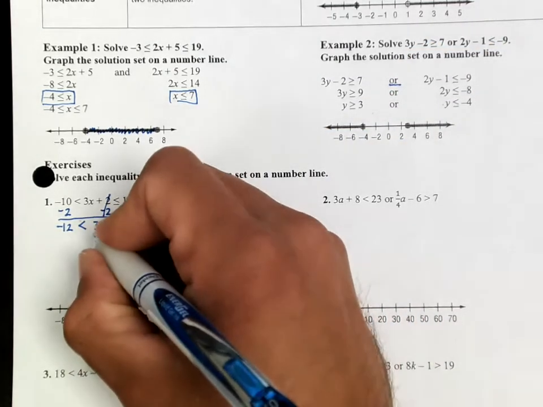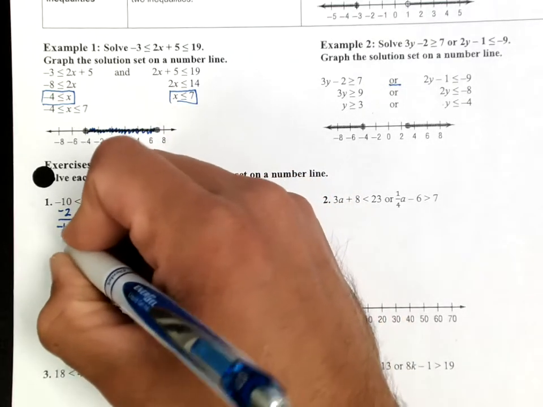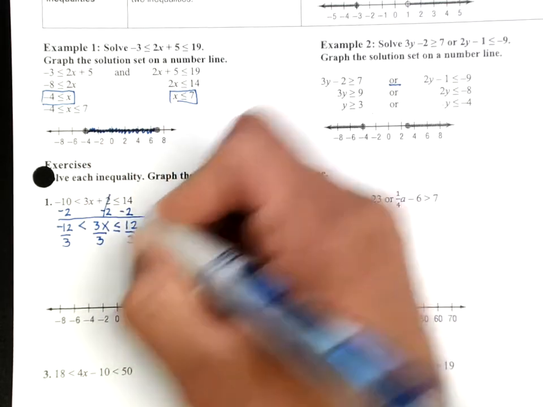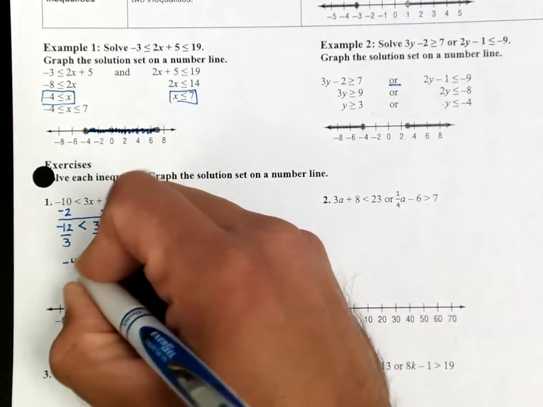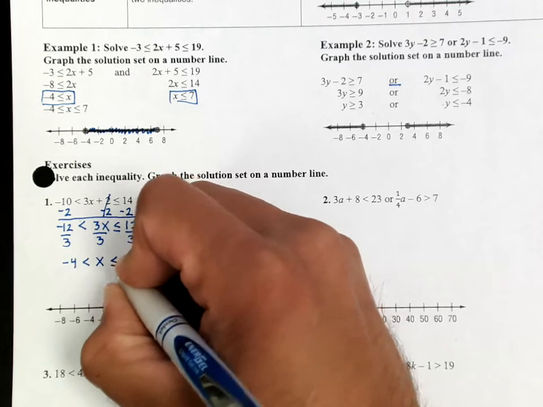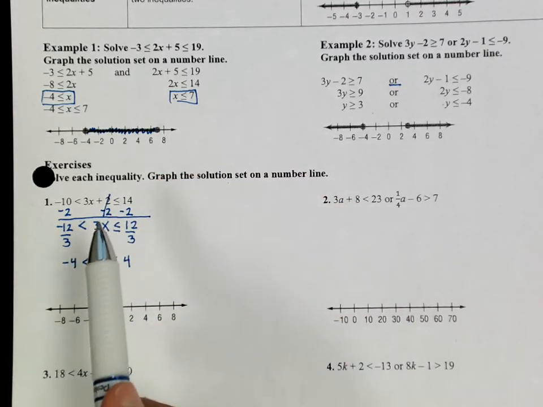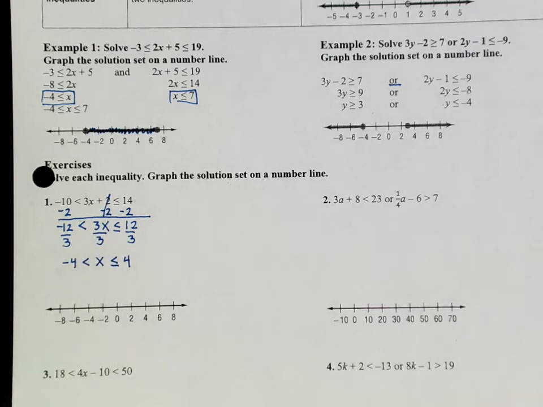Now the next step is I'm going to divide by 3. If I divide by 3 here, I'm going to divide by 3 over here and over here also. So this is going to give me -4 is less than x, which is less than or equal to 4. Now remember, if I were to divide by a negative, I would switch the signs, but that didn't happen, so I'm going to leave it alone.